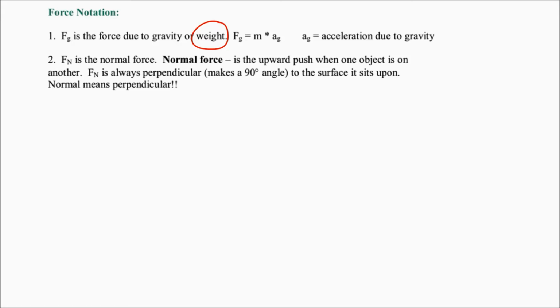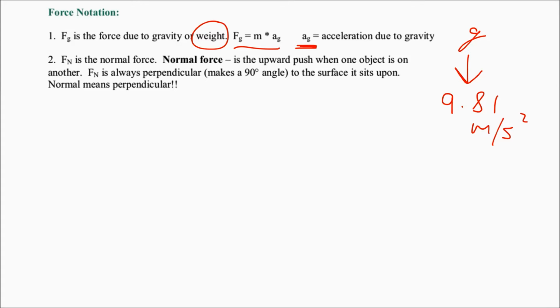Okay, so this is the formula for the force of gravity. It is mass times the acceleration due to gravity, which is what A sub g stands for. Sometimes you'll see it just as little g. Now little g is a positive value that's equal to 9.81 meters per second squared. That'll show up a little bit later on in the video, but I thought I would just show it to you now as well.